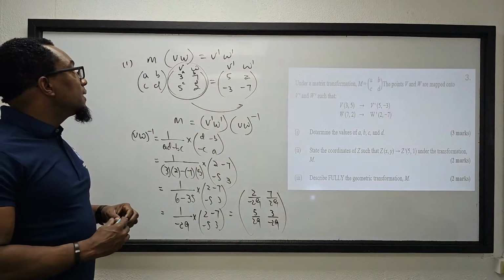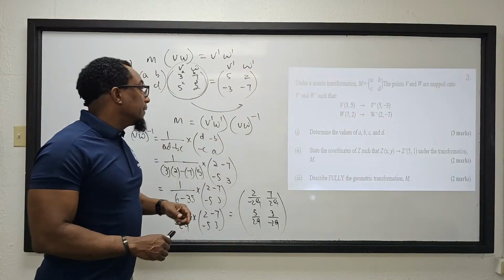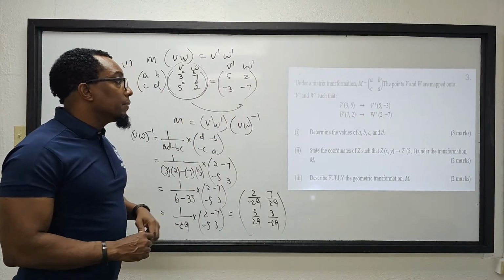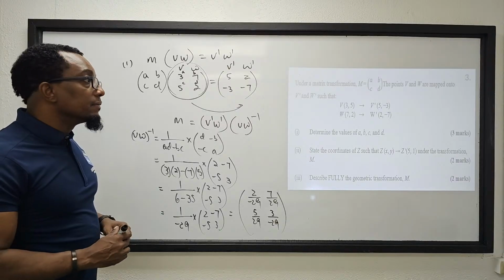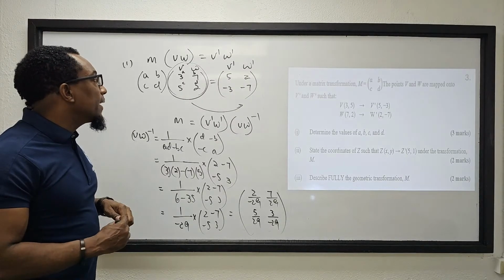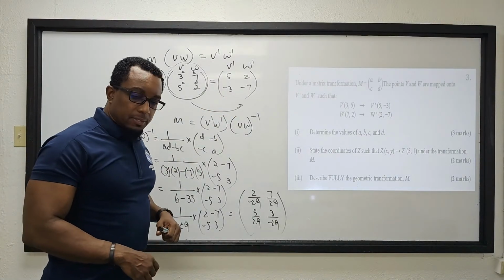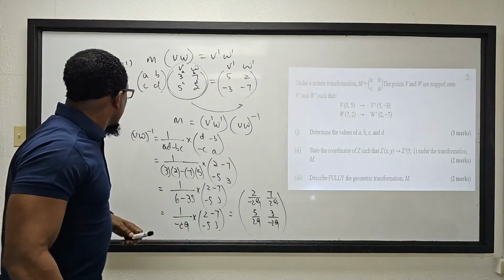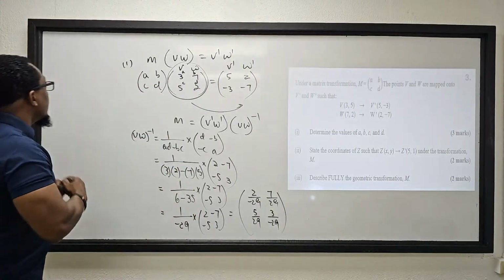So I'm going to multiply the inverse of VW by V prime W prime to determine the coordinates of M, A, B, C, D. Alright? Let me write it here as a total.